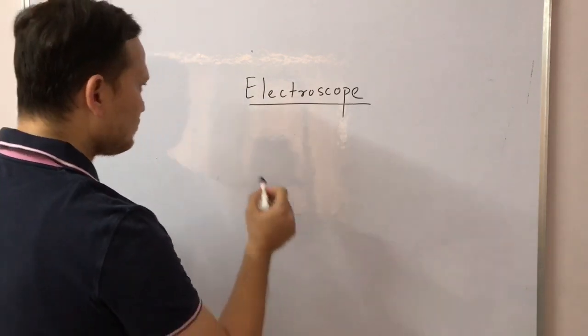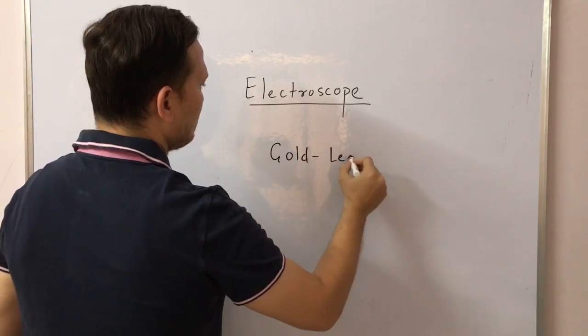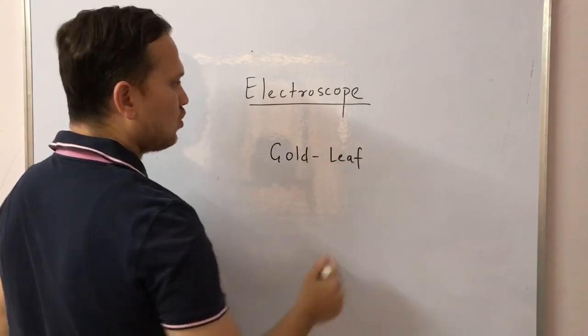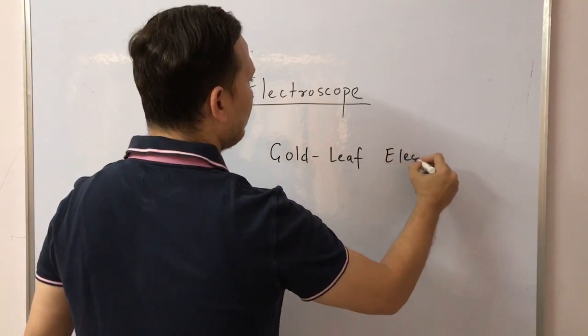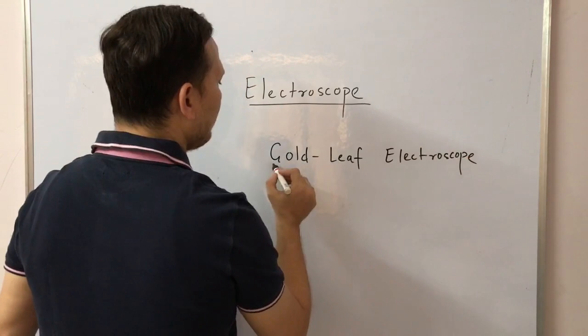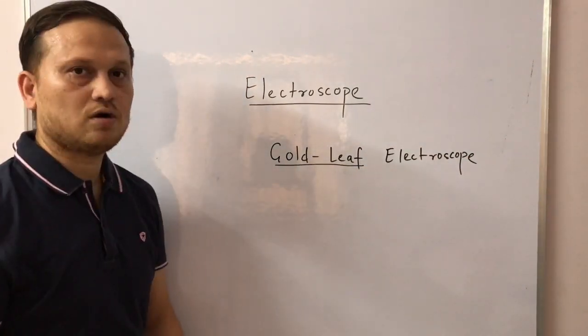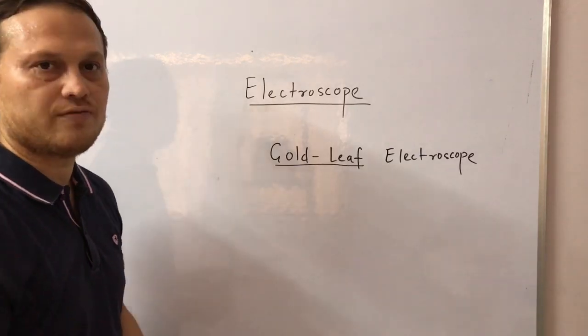We can use a type of electroscope that is called a gold leaf electroscope. The name is gold leaf because we have a gold leaf here. So that is the reason the device is called a gold leaf electroscope.